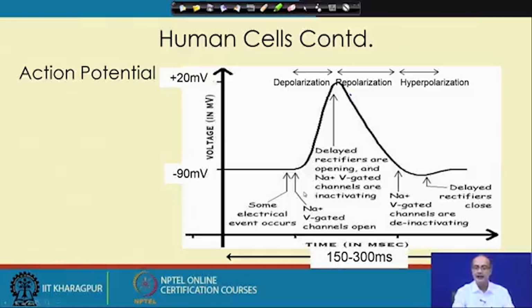When a stimulus is applied, it is like a threshold function. That means the stimulus should be above some threshold. If it is above that threshold, this depolarization will start. Once it has started, you cannot stop it till it goes to the end.